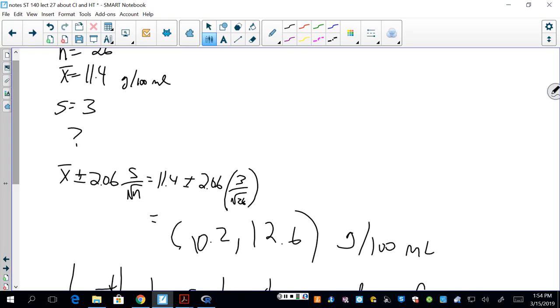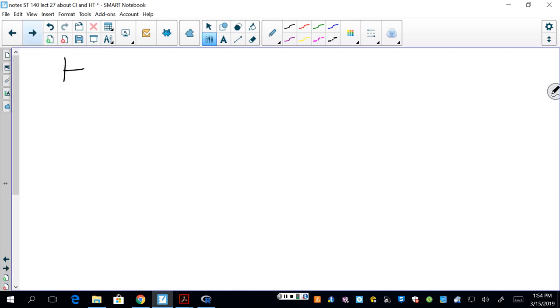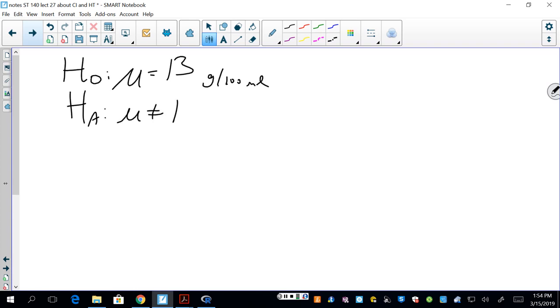The other way that should be equivalent in terms of giving us information would be a test. So if we tested, is the mean 13 grams per 100 milliliters versus not equal to that? Maybe we would do one-sided if we're concerned about it being lower, but for now, let's just think about the two-sided. We have two scenarios.